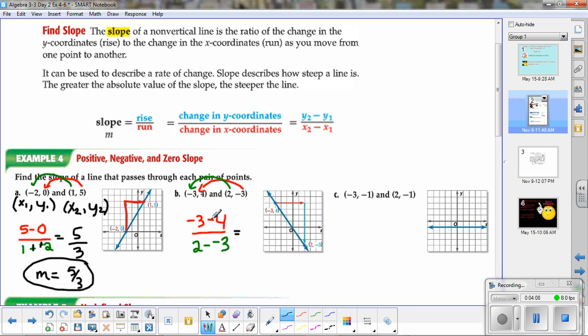Well, -3 minus 4 is -7, and 2 minus -3 is 5. So our slope is -7/5. M, remember, stands for slope.